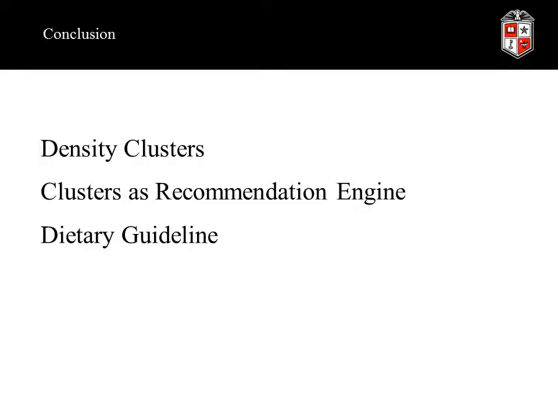As part of the conclusion for this project, there are a few points that need to be discussed. First of all, the result shows that the data set we have leads to dense clusters, meaning that this particular data set doesn't include most variations of the different categories of foods.